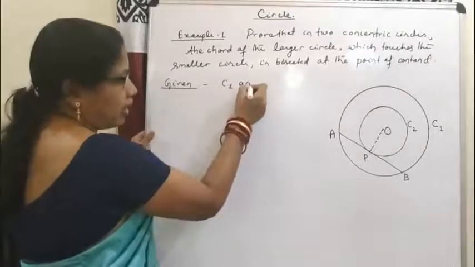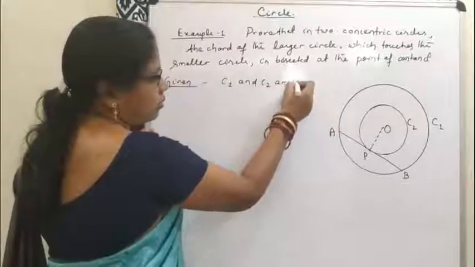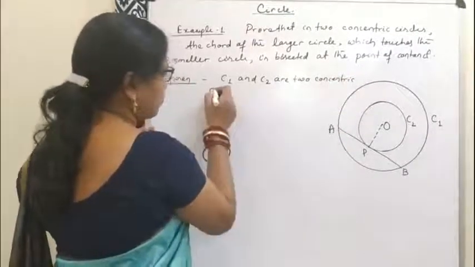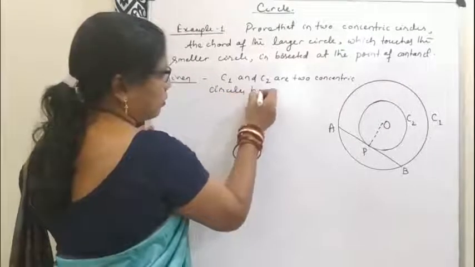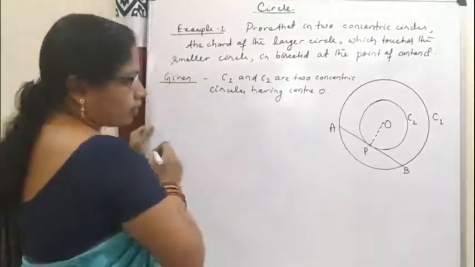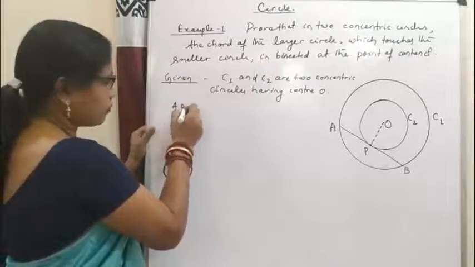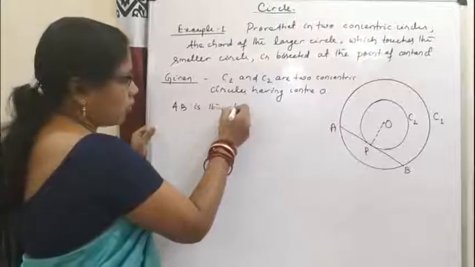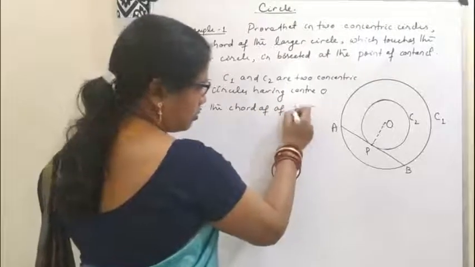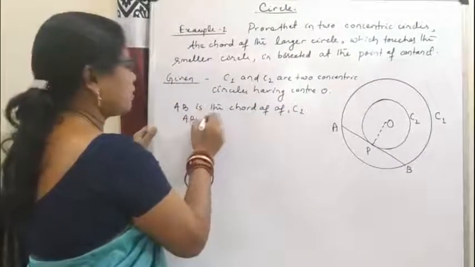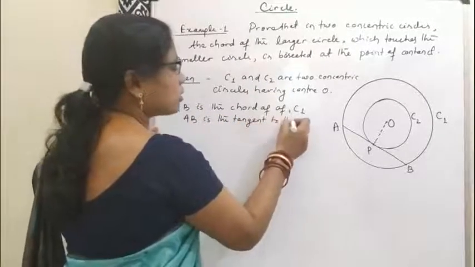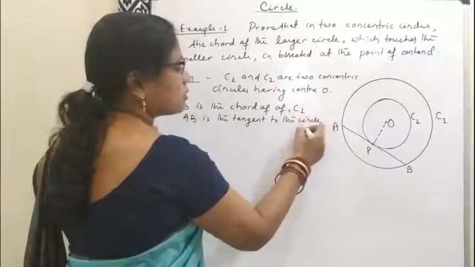C1 and C2 are two concentric circles having center O, and AB is the chord of the first circle C1, and AB is the tangent to the circle C2.